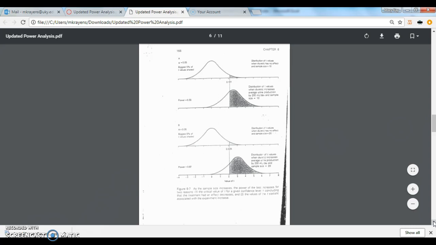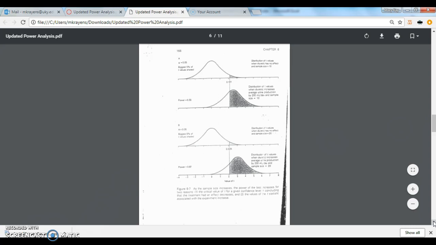So doubling the sample size has the effect of decreasing the critical value down to 2.025 from 2.101, just because we have a better understanding of that underlying population, which, again, we're still assuming the 200 mil per day increase due to the active drug.